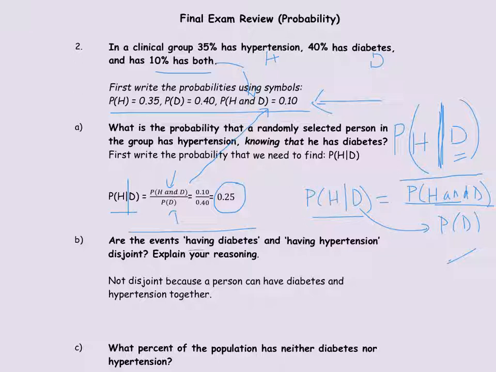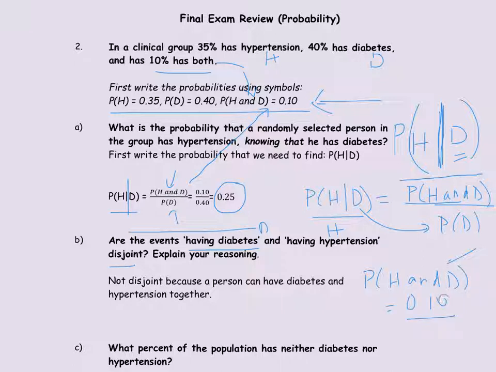Now the second question is asking you if having diabetes, which is D, and having hypertension, which is H, are disjoint. Now remember what the definition of disjoint events is. Events are disjoint if they cannot happen together. Now in this case, we are given that P of H and D is 10%, 0.10.